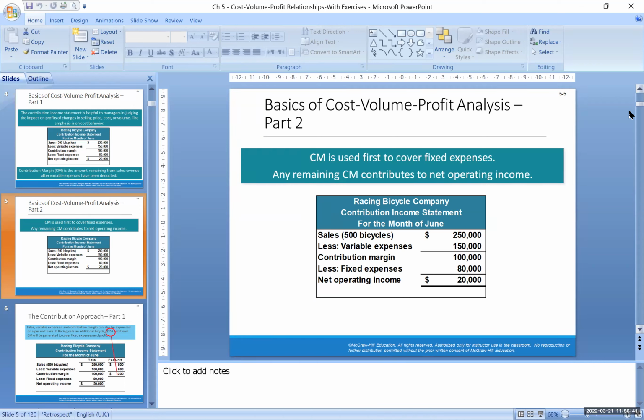That's why the total is $150,000. The difference is called contribution margin, which is $100,000, minus total fixed cost of $80,000, and the difference will be the net operating income of $20,000.